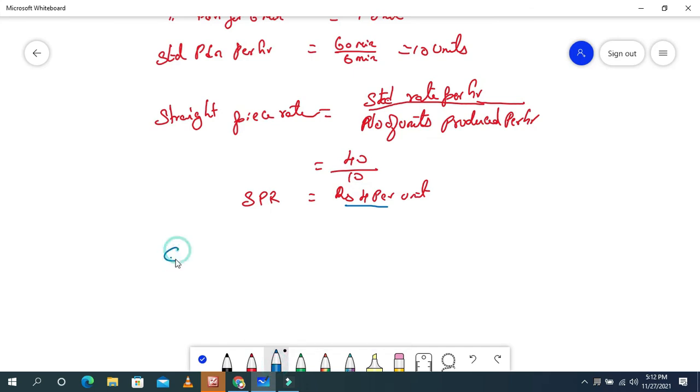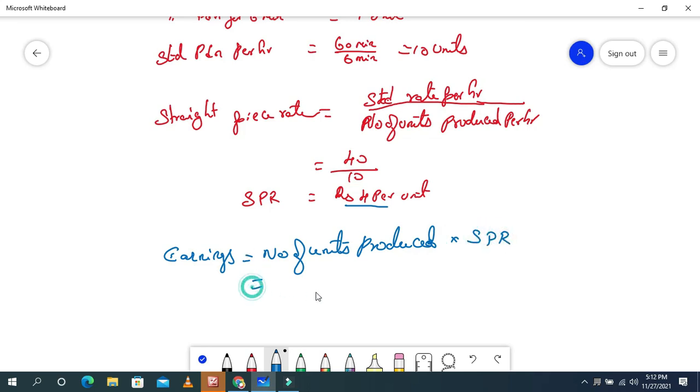Earnings is equal to number of units produced into piece rate. The number of units produced is 50, into rupees 4 per unit.